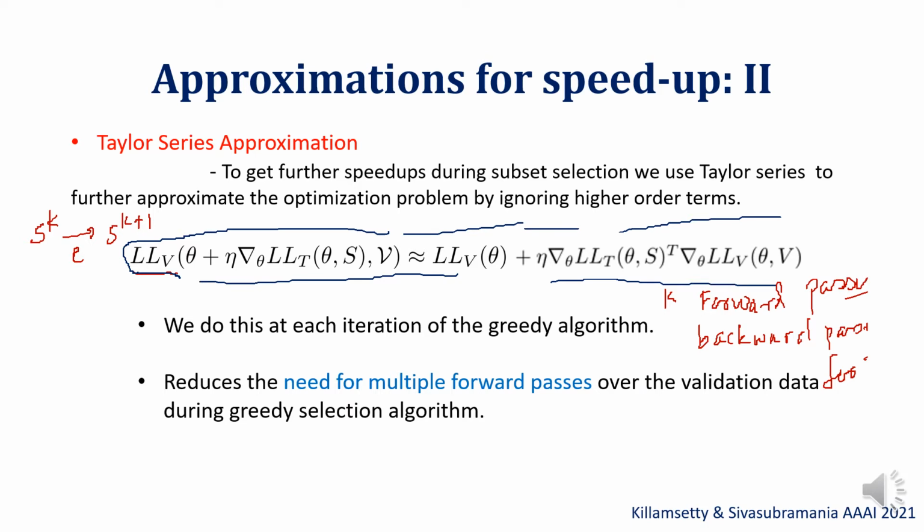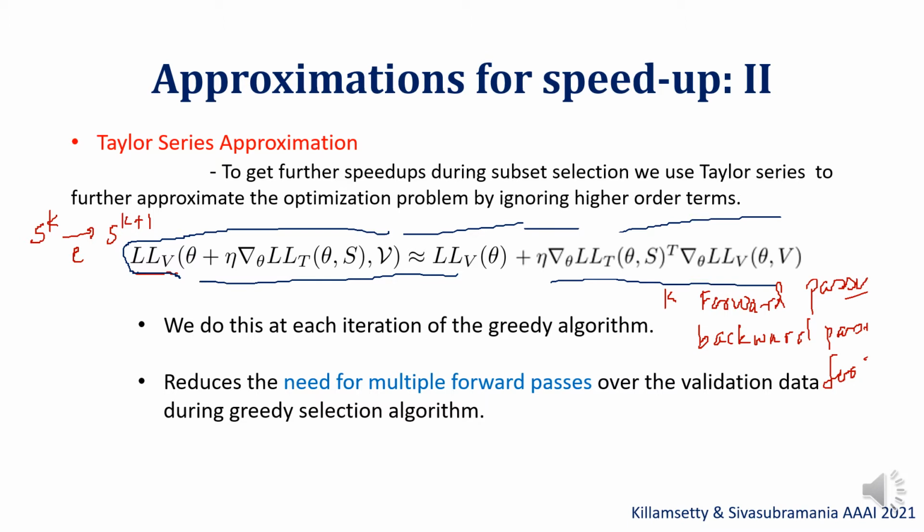So if you employ a Taylor series approximation on the validation objective here, what have we done? Basically, we have taken only the first order approximation.